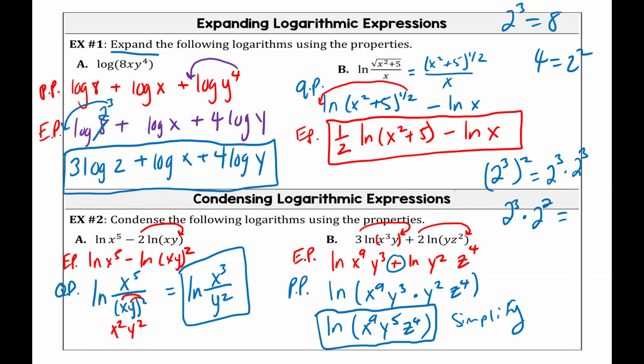I have 5 2s multiplied together, so this is 2 to the 5th. Those are two different operations taking place. This is your power of exponents. This is your product of exponents. Powers are distributed, and products are added. Do we see the difference between the two operations?